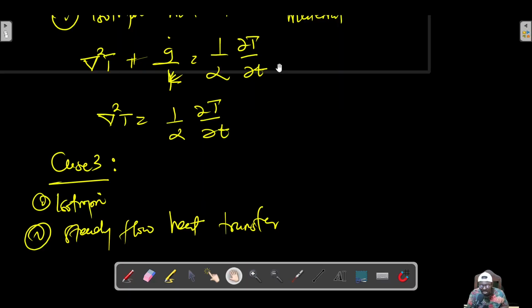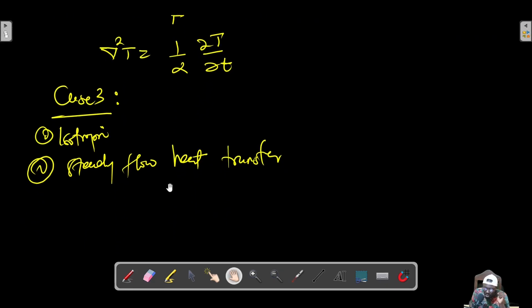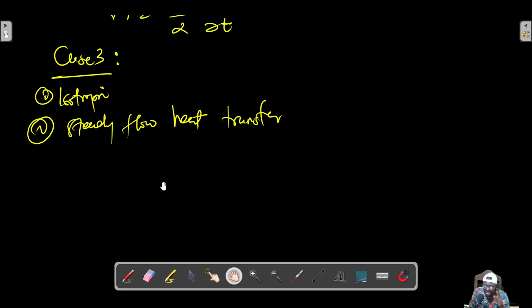But for control mass, the time rate of change of all the properties will go to 0, except for the mass, because we cannot say time rate of change of mass, because that is a control mass. But for a control volume, the time rate of change of all the properties will go to 0. So the time rate of change of the temperature field will go to 0.